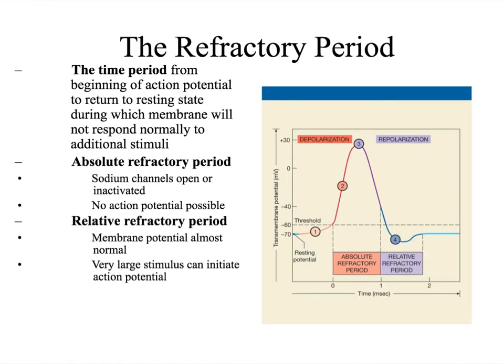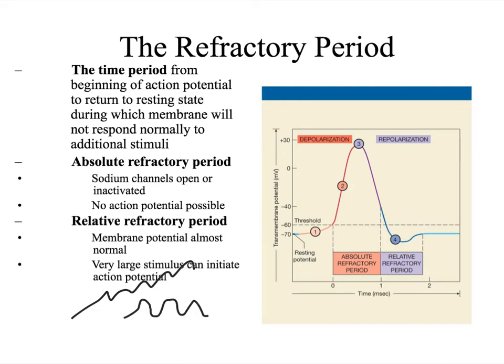There's something known as a refractory period. I mentioned this just very briefly when we talked about treppe formation and wave summation, when we talked about muscle contraction. And the reason that cardiac muscle is different from skeletal muscle as far as the way it acts: with skeletal muscle, you can start a stimulus and you can keep on going more and more and more. But with cardiac muscle, you always have that nice regular rhythm.